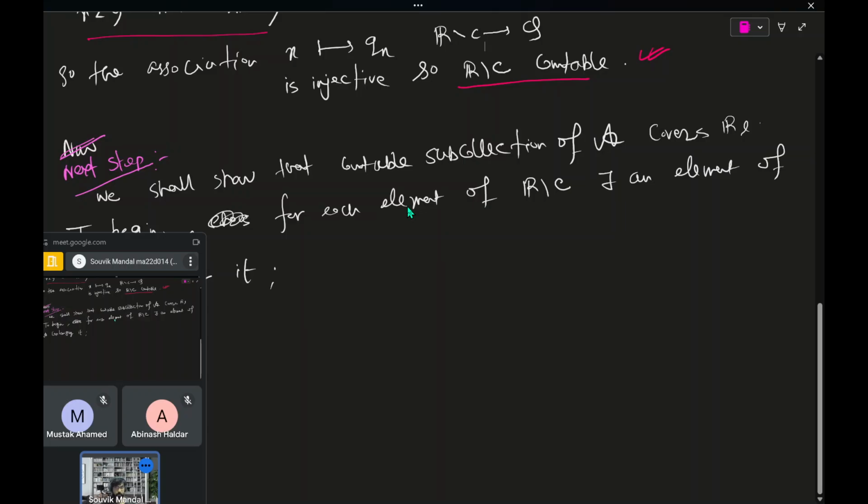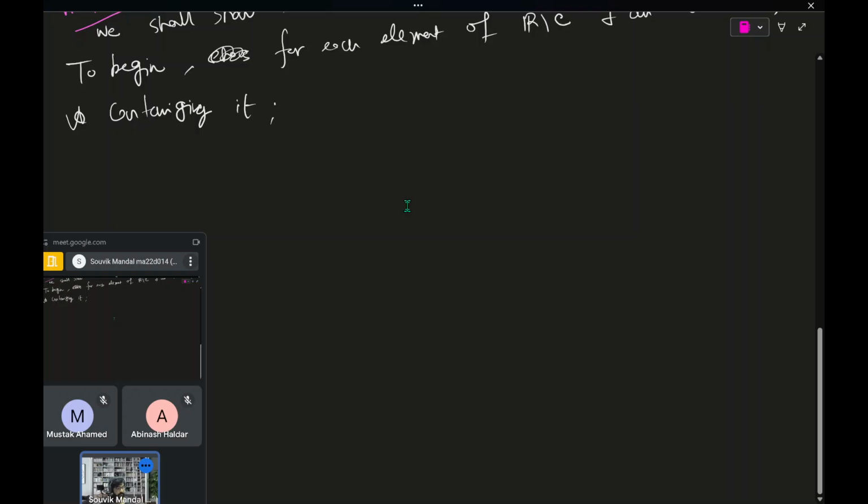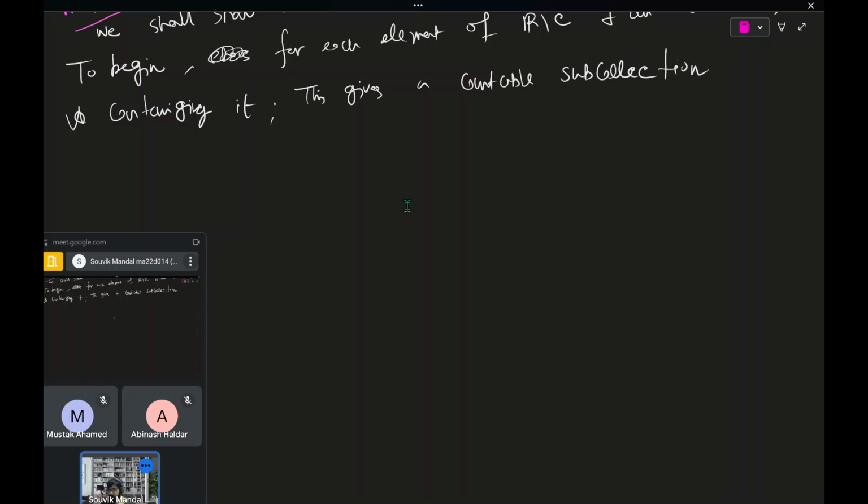This gives a countable subcollection of A covering R minus C; call it A prime.